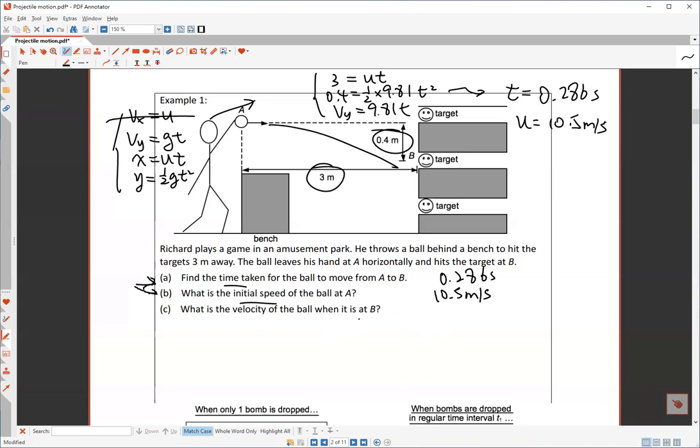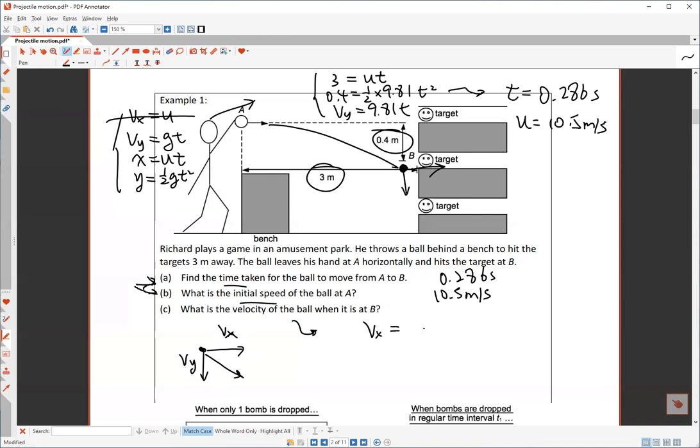Then what is the velocity of the ball when it's at point B? How can we solve it? At point B, the velocity is not horizontal or vertical. So the velocity has two components, one vertical and one horizontal. This is Vx and this is Vy. What is the value of Vx?